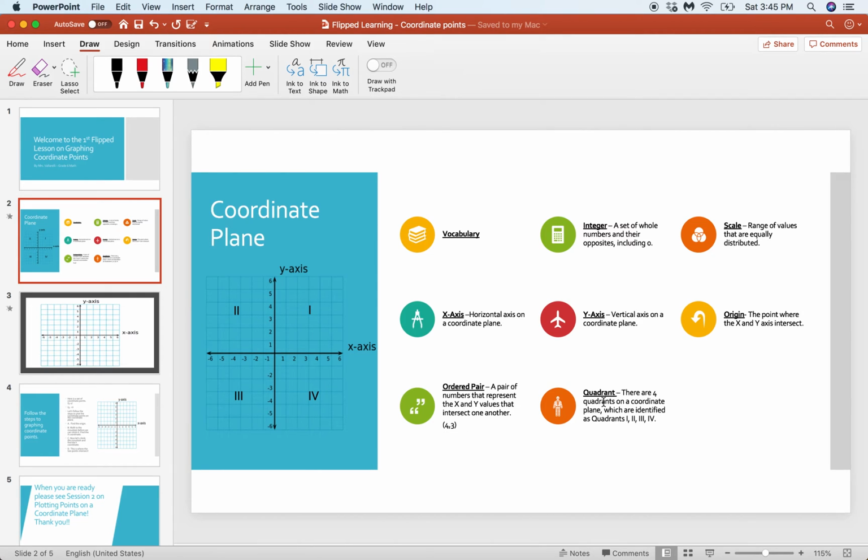And then our quadrants. There are 4 quadrants on a coordinate plane, which are identified as 1, 2, 3, and 4. So this is quadrant 1. This is quadrant 2. Notice they go counterclockwise. This is quadrant 3, and this is quadrant 4.